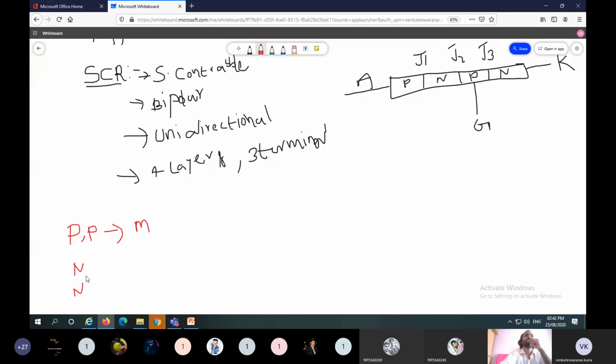One is N plus, another one is N minus. To allow a very large amount of current during on-state, one layer is highly doped. This one is N plus, and to block a high amount of voltage during off-state, one layer is lightly doped. This one is N minus.